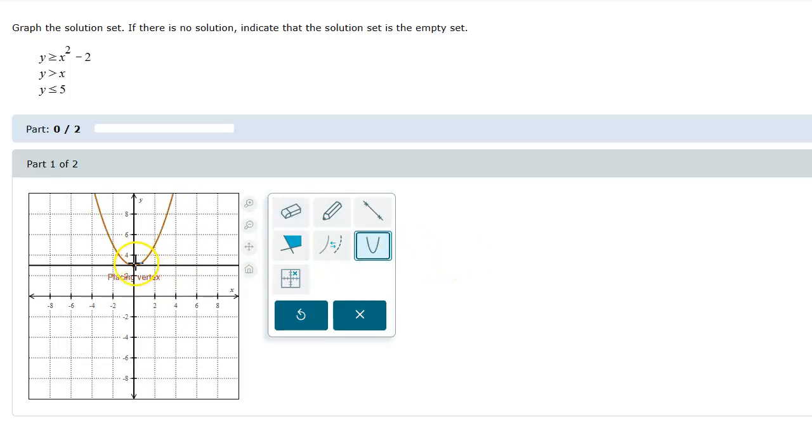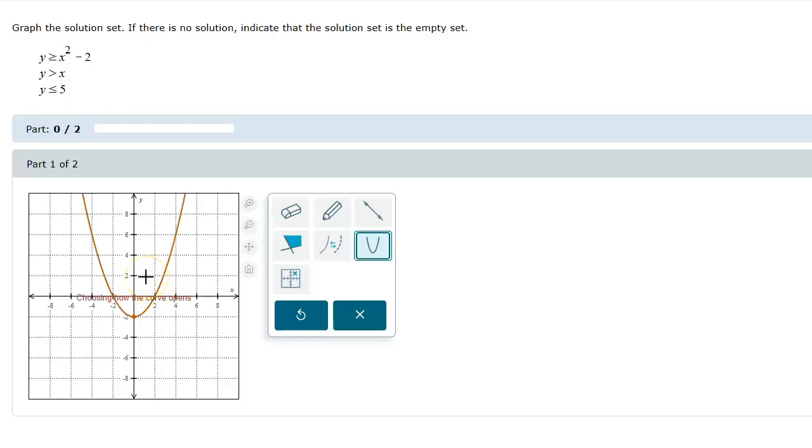It wants me to place the vertex. Now this is a parabola that has been shifted down 2. So that means I'm going to place the vertex at (0, -2). Whoops. Better do that again because that was not right. So I'm going to pick up the parabola, place it at (0, -2).